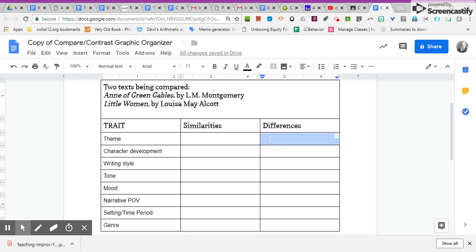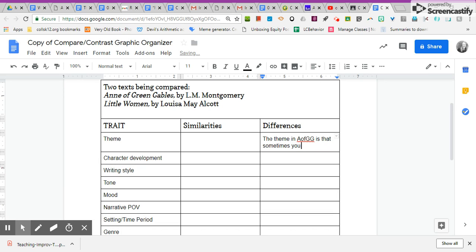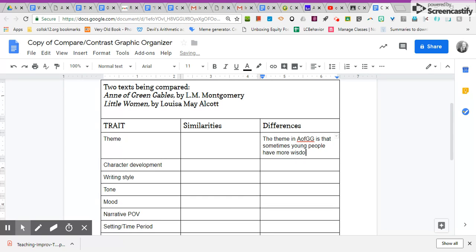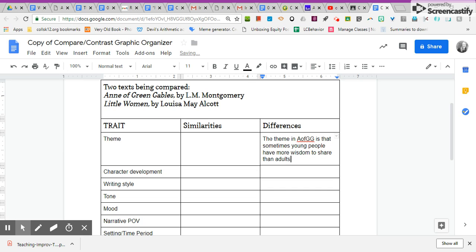So I'm going to go under differences and say the theme, and I'm going to shorten it, Anne of GG, is that sometimes young people have more wisdom to share than adults.